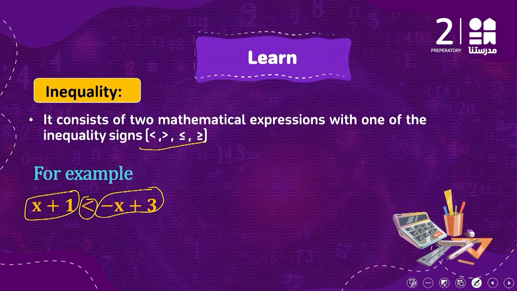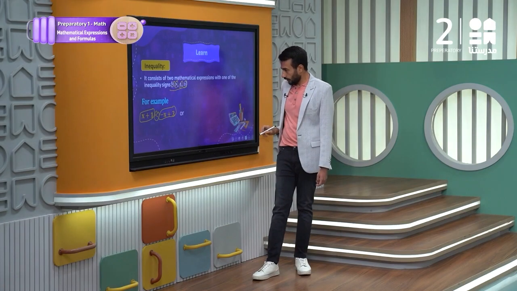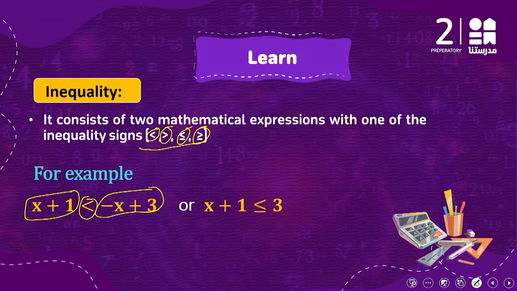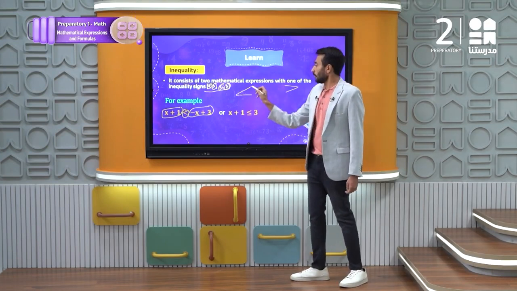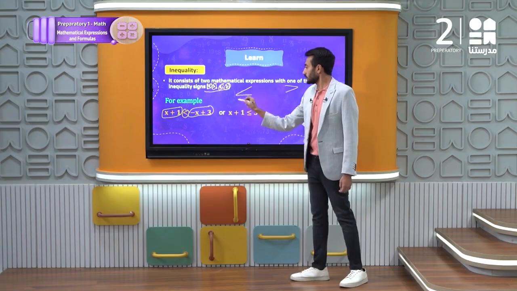However, you can use the less than sign, more than sign, less than or equal, more than or equal. Another example for the inequalities, x plus 1 less than or equal to 3. I know many students can't read this and this. How do you know this is less than? Do you see this symbol?